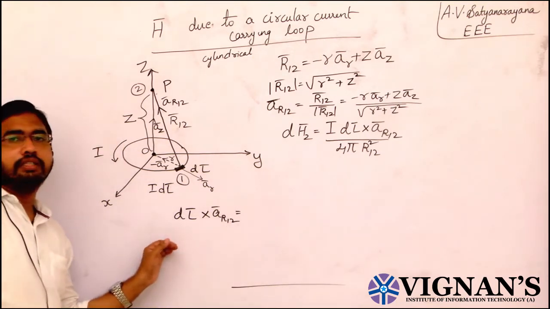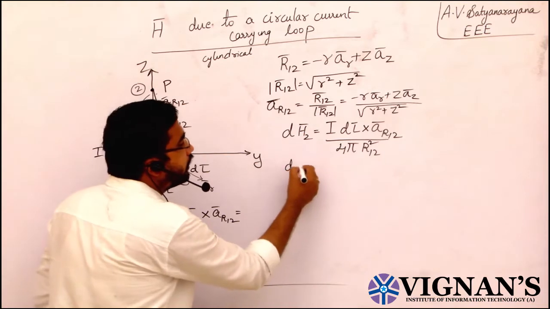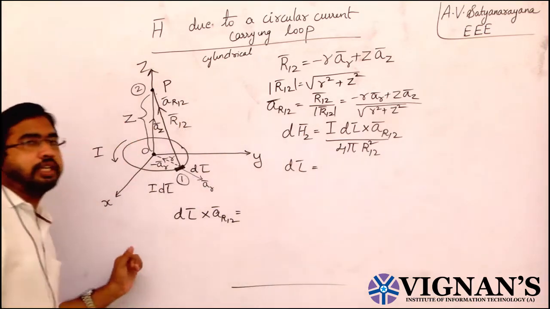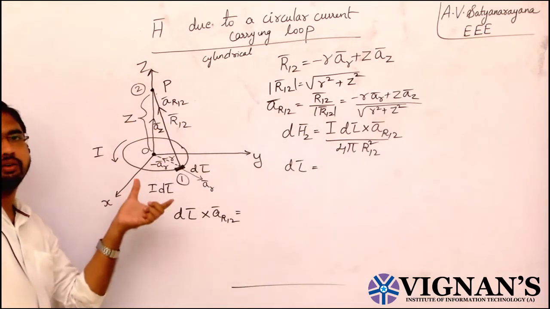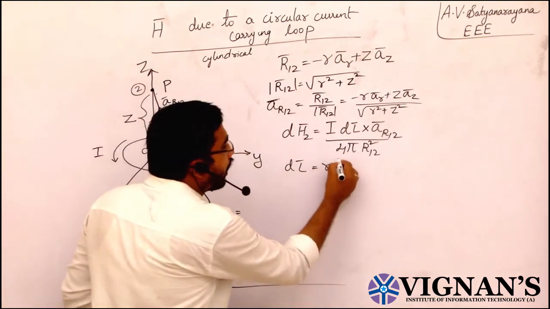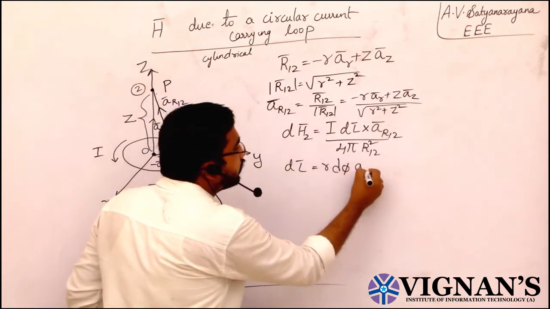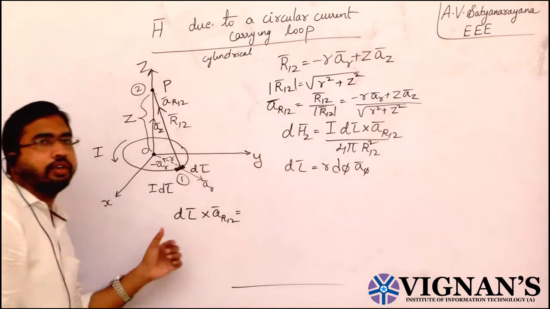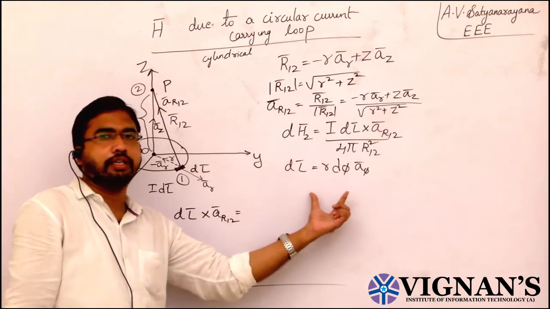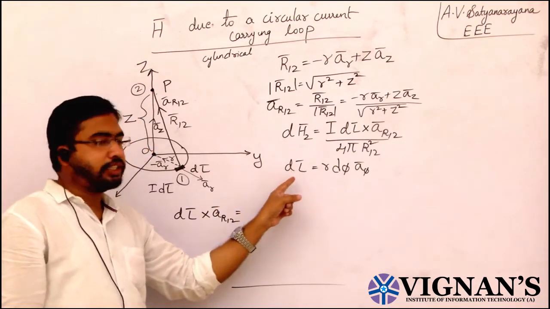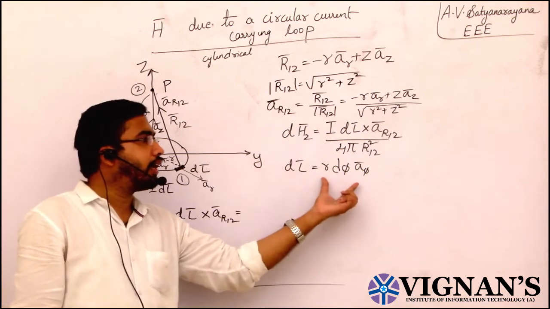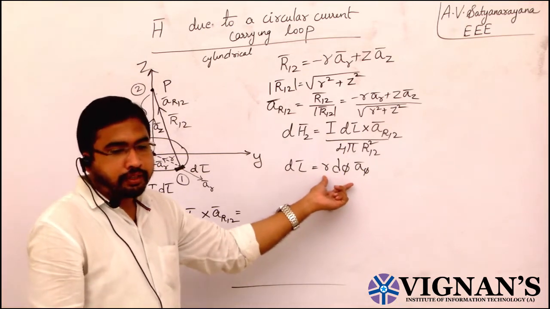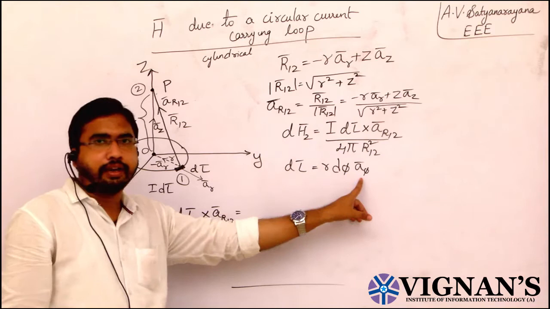But what is dl bar? Differential length dl in the cylindrical coordinate system is r d phi a phi. This already we know from our previous coordinate systems lecture, which is in the phi direction.